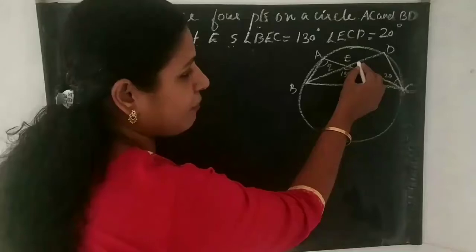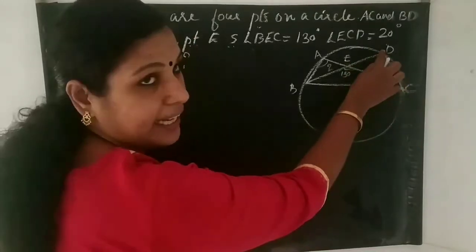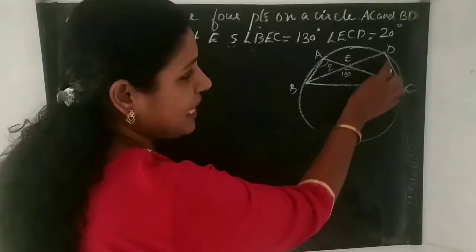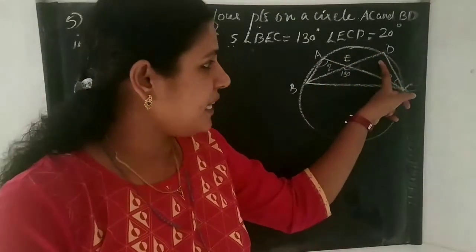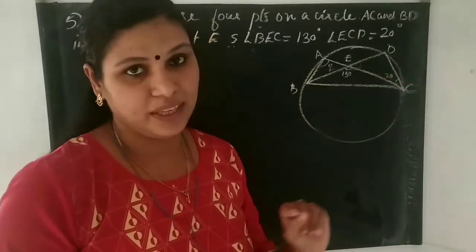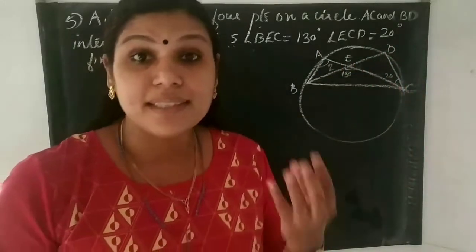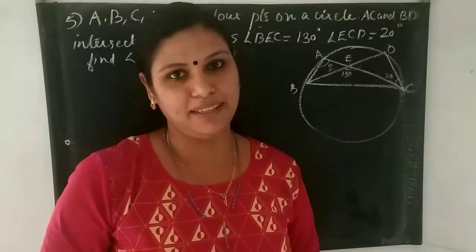By linear pair, we can find this angle. Now we get a triangle and we know 2 of its angles, so subtracting from 180 we get angle BDC. Then we get angle BAC because of angles in the same segment.